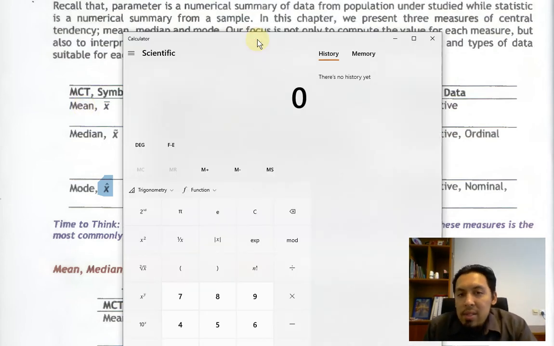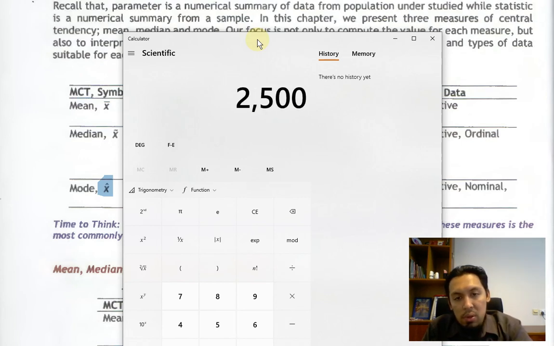Let's say that you want to find the average salary among you guys later, after you go out and work. So you want to find out your average salary. Let's say you want to look for the average salary for five people. The first person gets a salary of 2500.